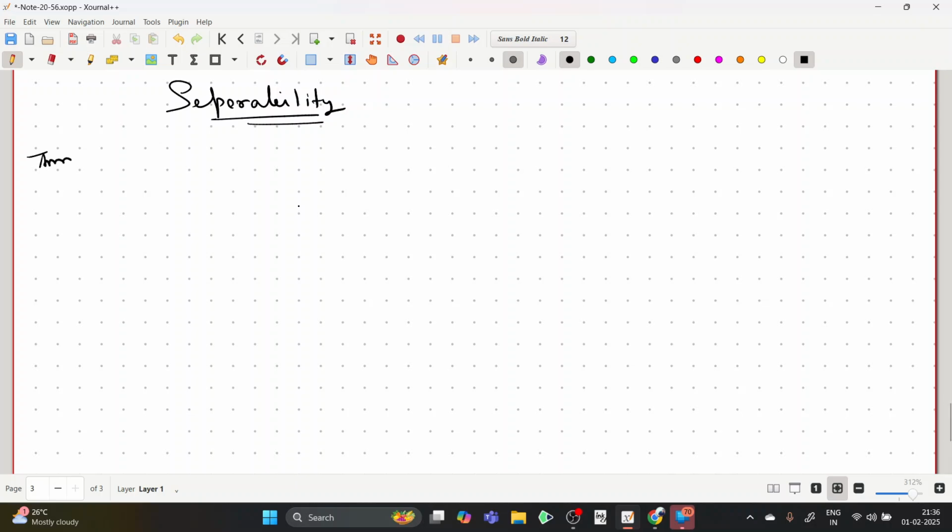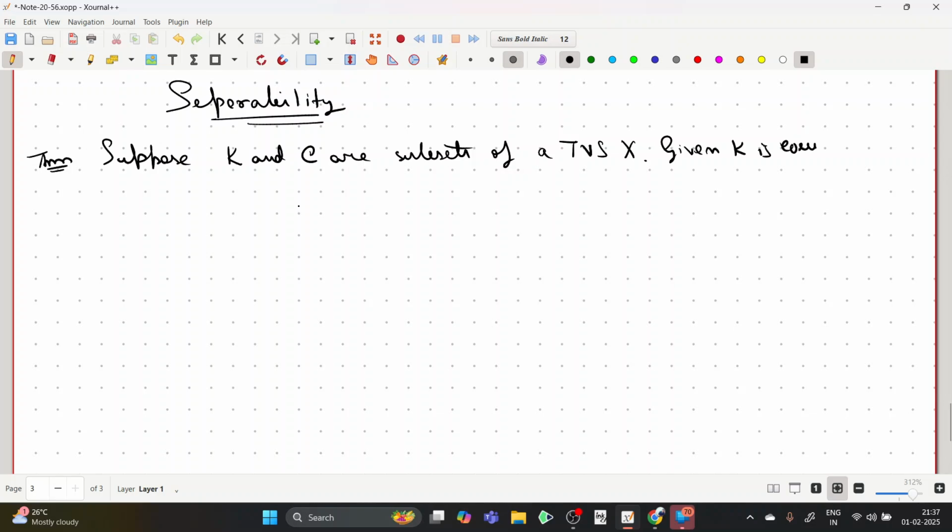Theorem: suppose K and C are subsets of a topological vector space X. Given K is compact, C is closed, and both of them are disjoint, K intersection C is empty.